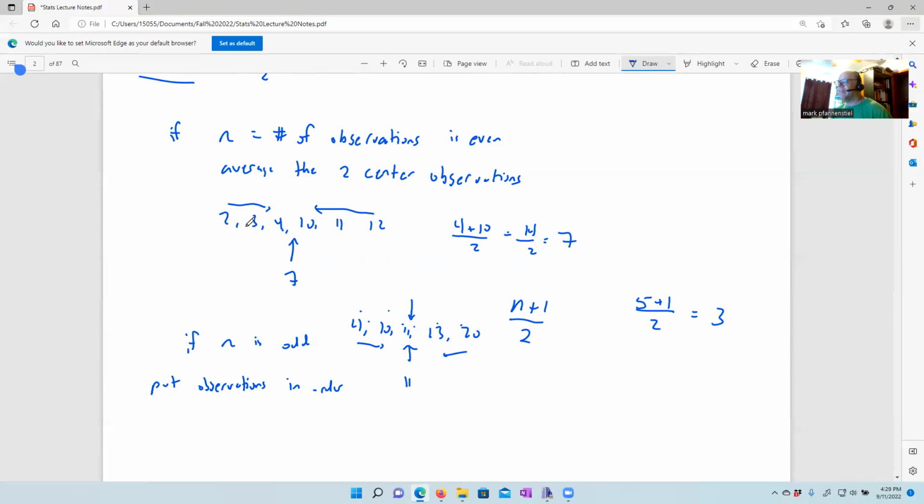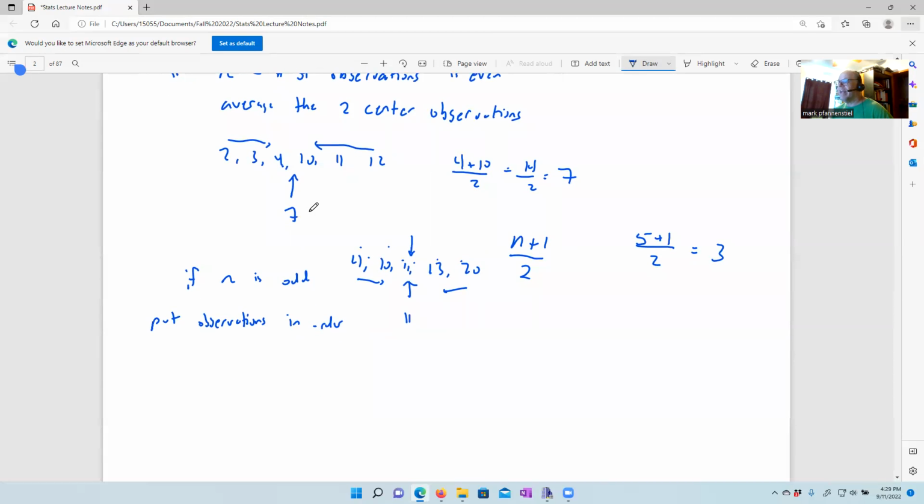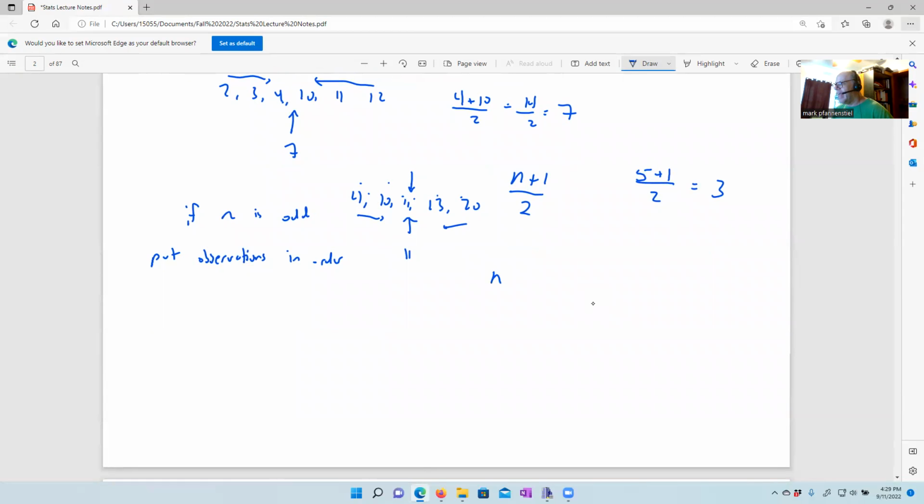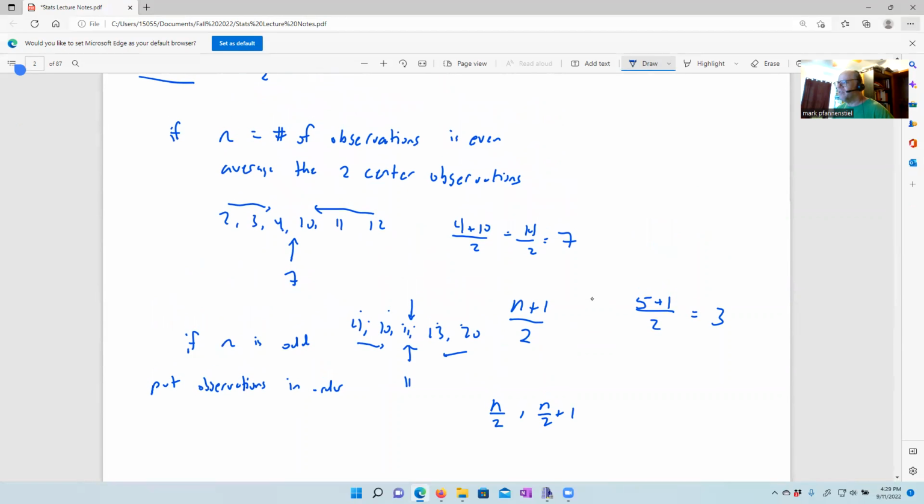Okay, in the example we have up here, if n is even, what we do is we take n divided by 2, and then take n divided by 2 plus 1. So in this case, 1, 2, 3, 4, 5, 6, and 6 divided by 2 would be the third position.